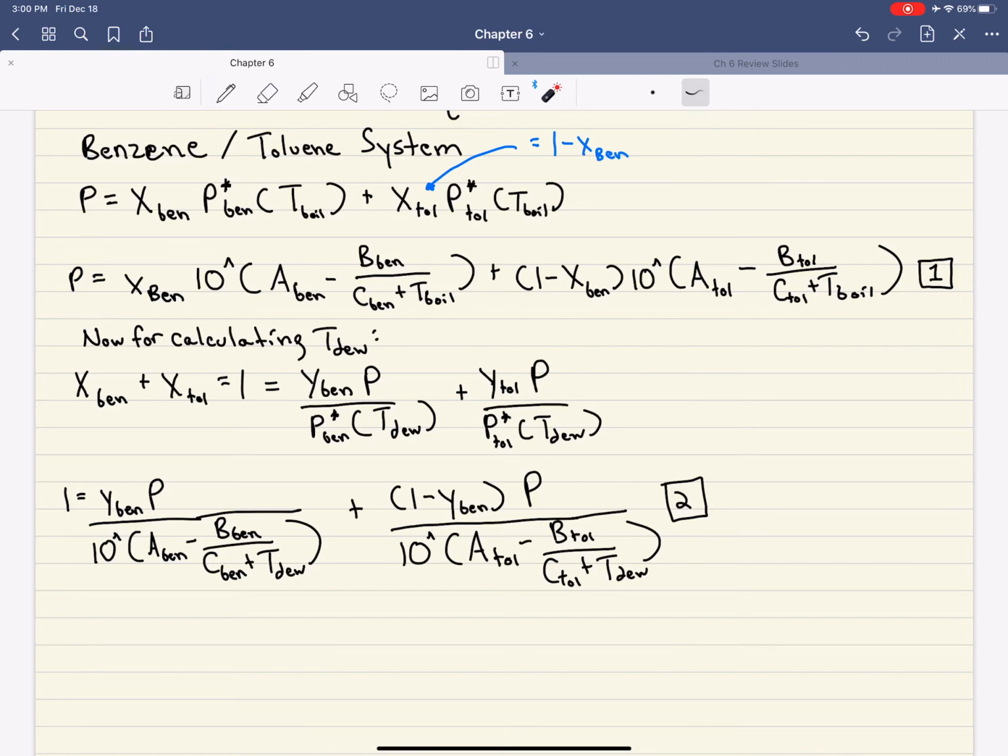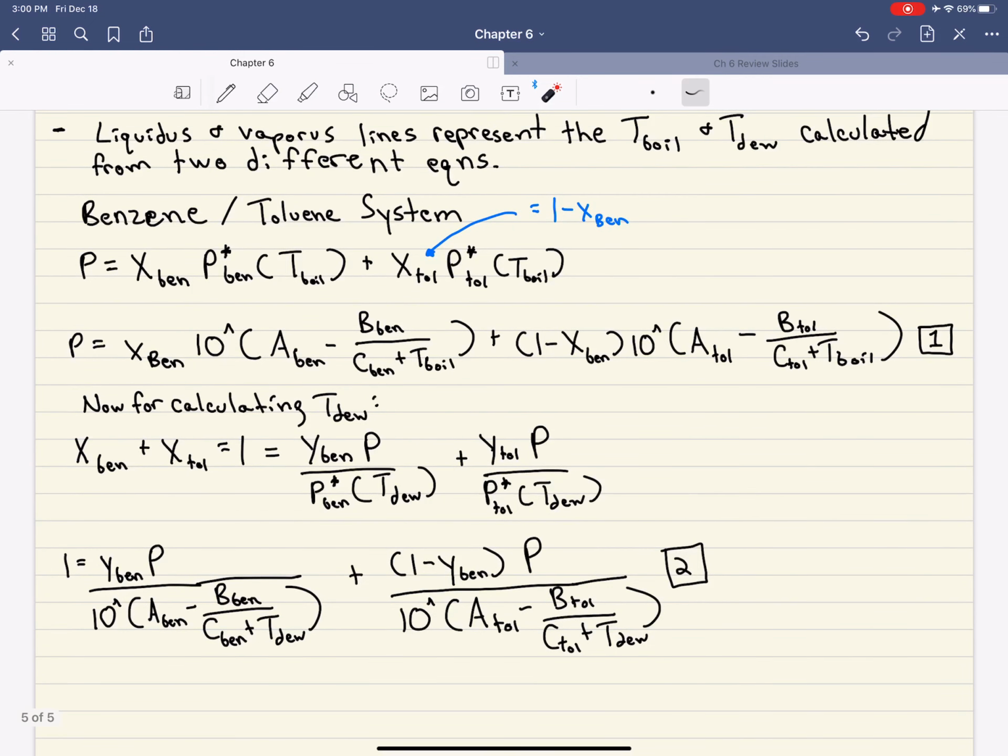And so what I'll point out is from these equations, if we pick for instance, in equation 1, a certain liquid mole fraction and a certain temperature, we could then solve for the boiling point temperature at those conditions.